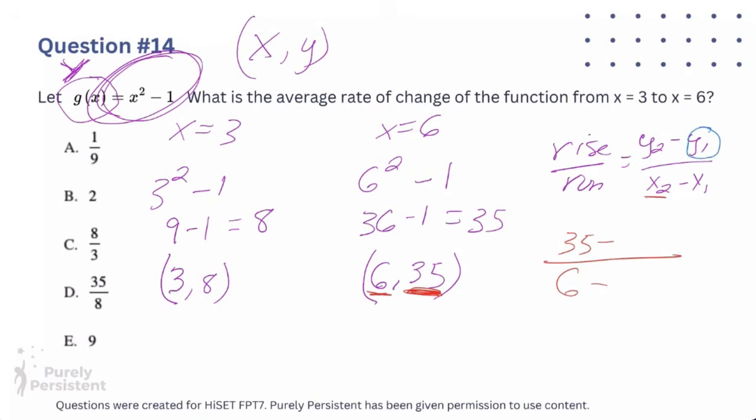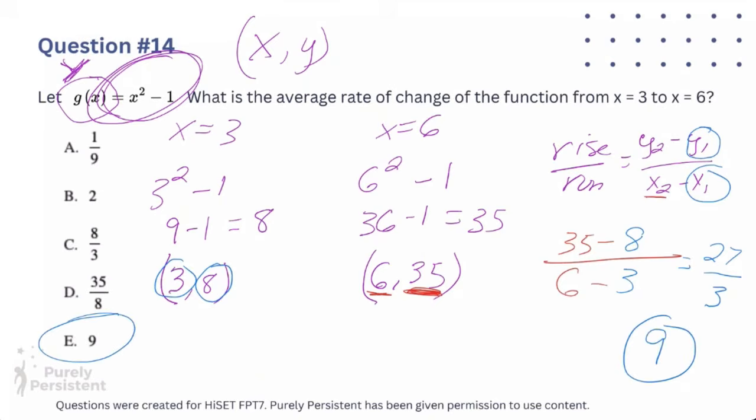And now I have my y1, so that's my 8, and my x1 is my 3. So now I have 35 minus 8 is 27, right? And then 6 minus 3 is just going to be 3. So now 27 divided by 3 is 9. So 9 is my answer.